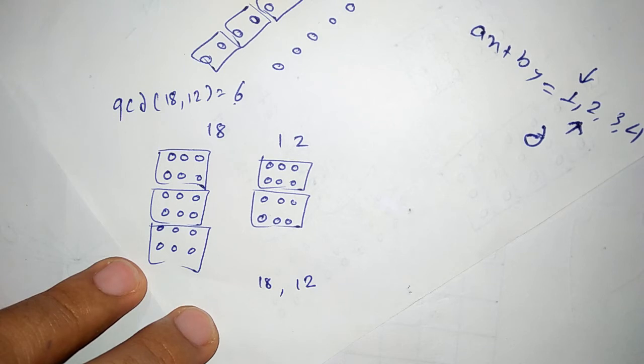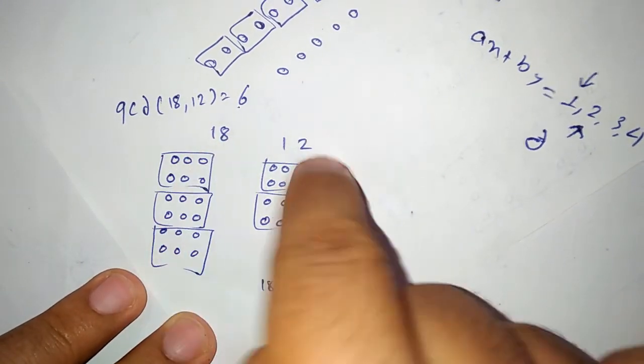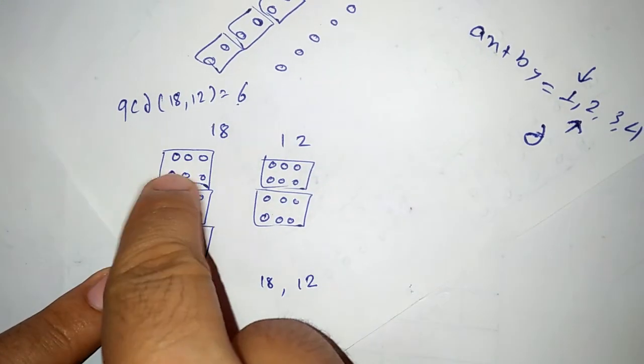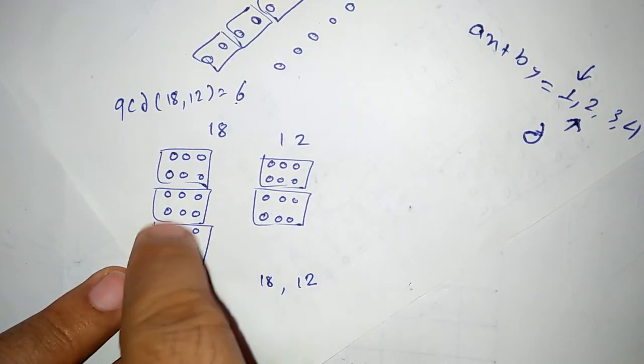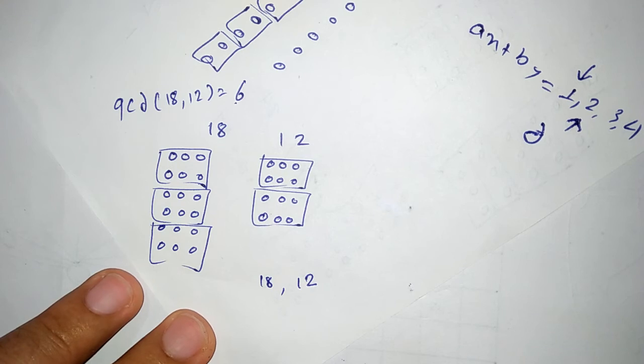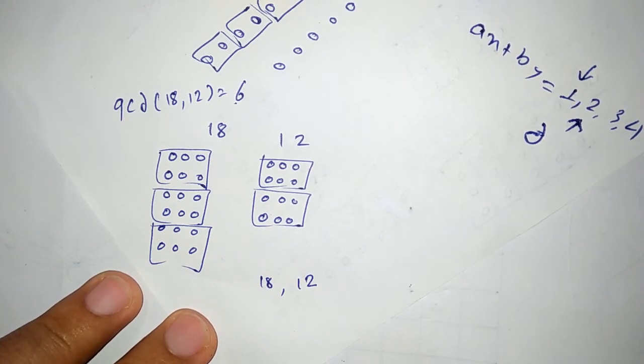We can't produce 3 because 3 isn't a multiple of 6. If you try to add these chunks or subtract these chunks, multiply then add, or multiply then subtract, we are always going to produce chunks of 6, and we cannot produce chunks that are smaller than 6. Even if it is 0, it is going to be 0, and if it is negative, the modulus is always going to be a multiple of 6 here.